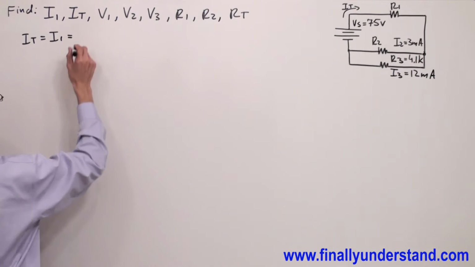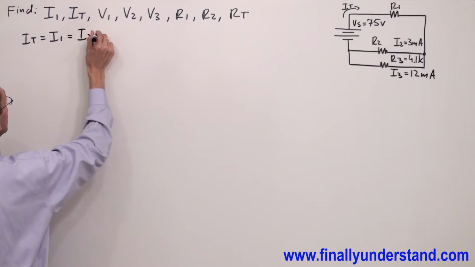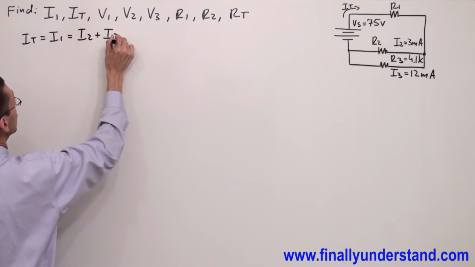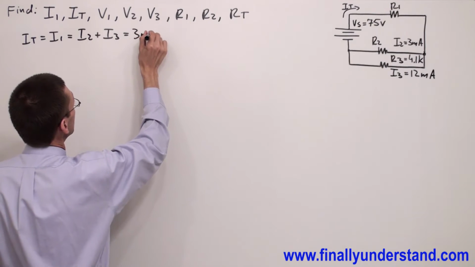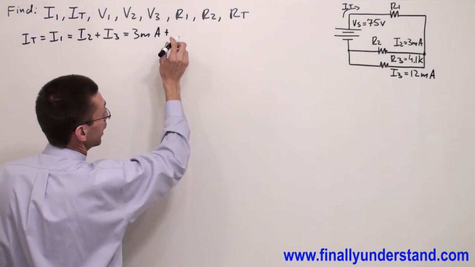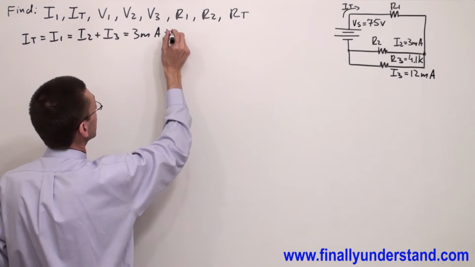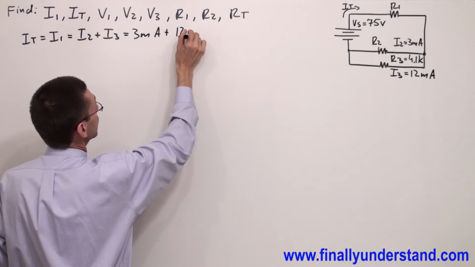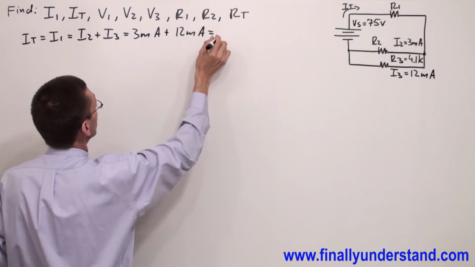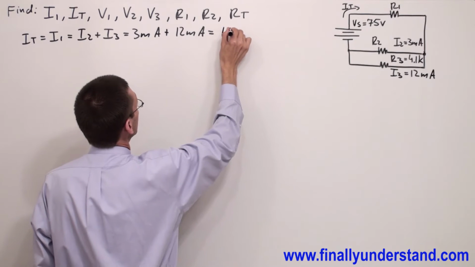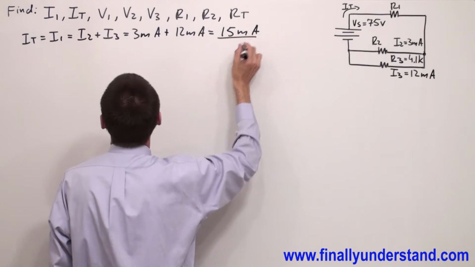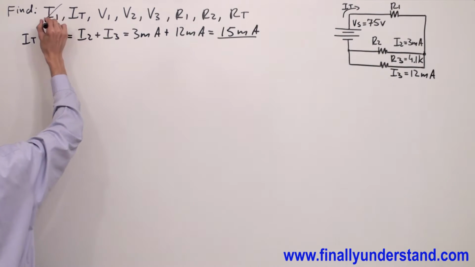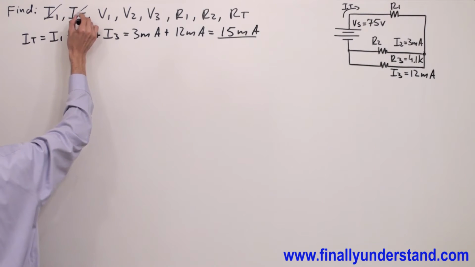So I have I2 plus I3, where I2 is equal to 3 milliamps plus I3, which is equal to 12 milliamps. Everything is equal to 15 milliamps. Okay, so I found I1 and I found also I total.